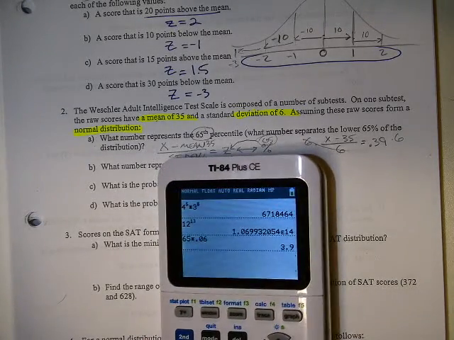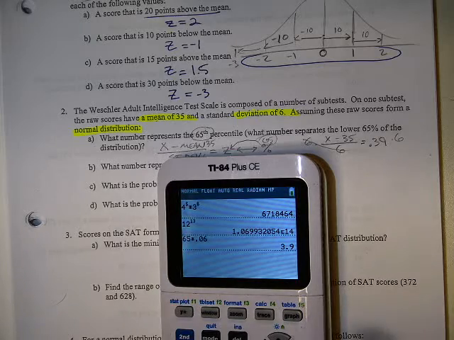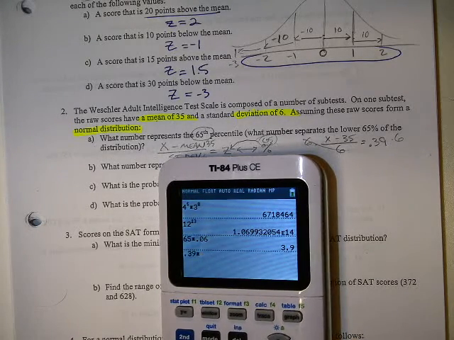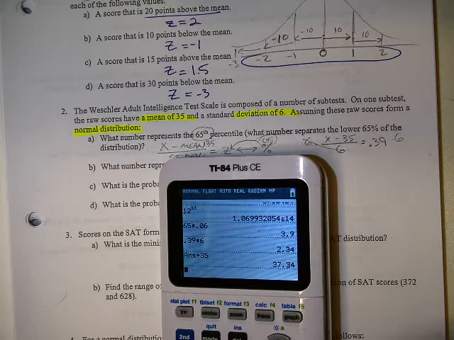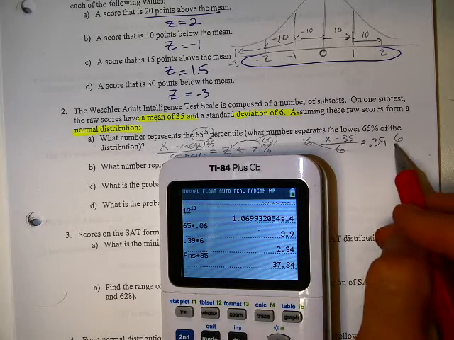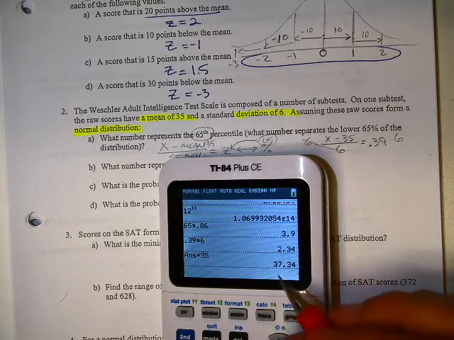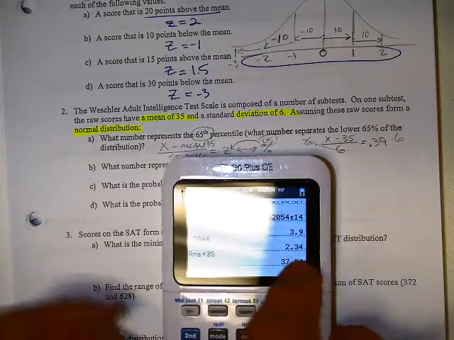There we go. So 0.39 times 6, add 35. So I'm adding 35 to bring this over here. And that gives me a score of 37.34.